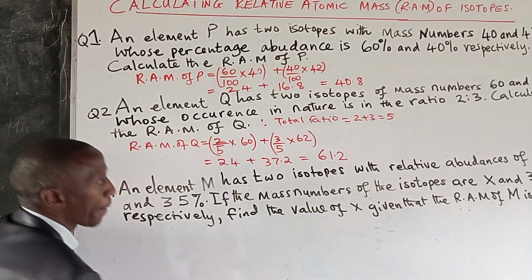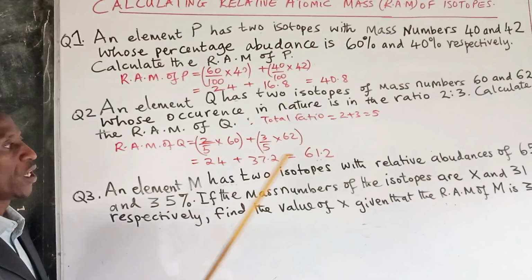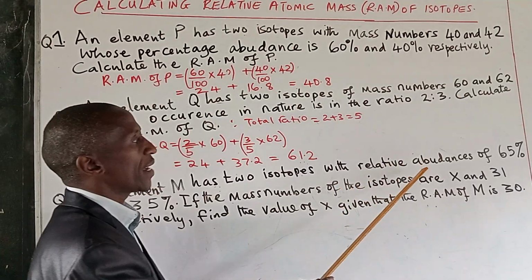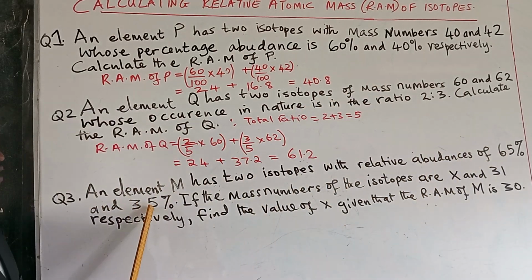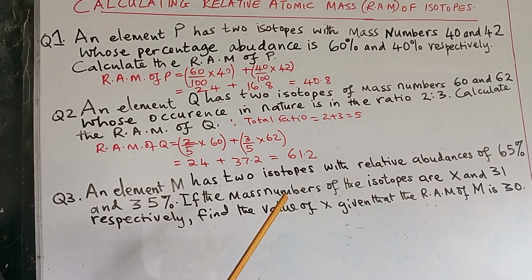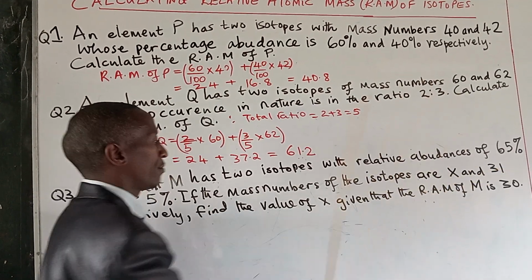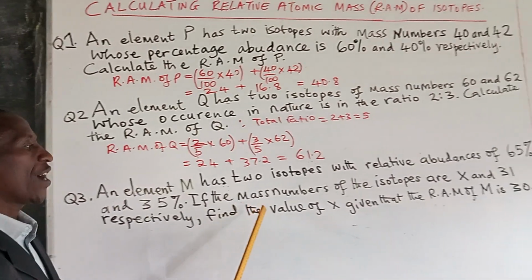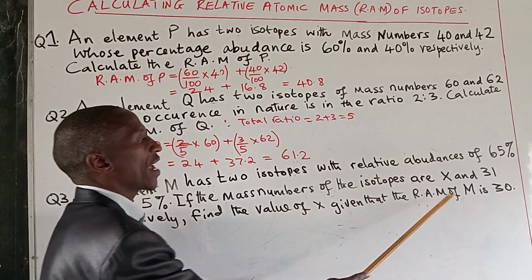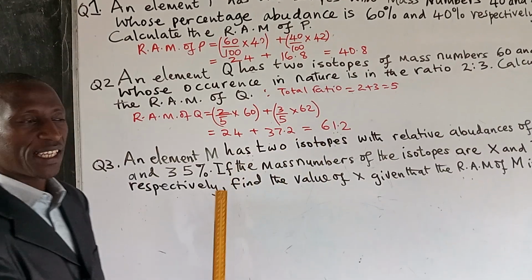It reads: an element M has two isotopes with relative abundances of 65 and 35. If the mass numbers of the isotopes are X and 31, respectively, find the value of X given that the RAM of element M is 30.